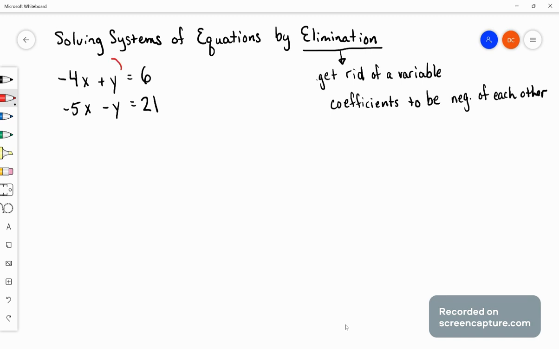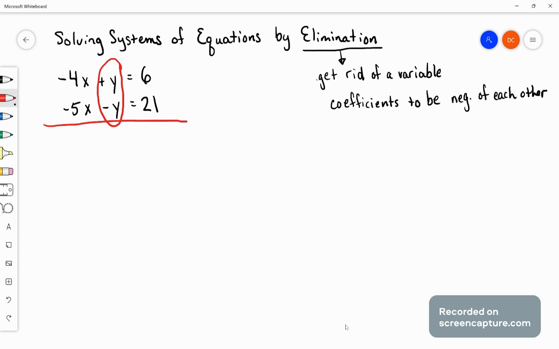I'm looking at my y's, because both of those y's have 1 as their coefficient, but one is a positive 1 and one is a negative 1. This is plus y and minus y. If I were to add these two together, I would eliminate the y's. So that's why it's called the elimination method.